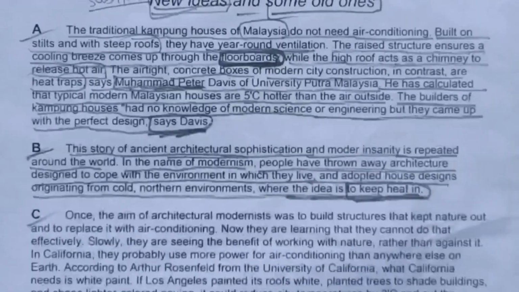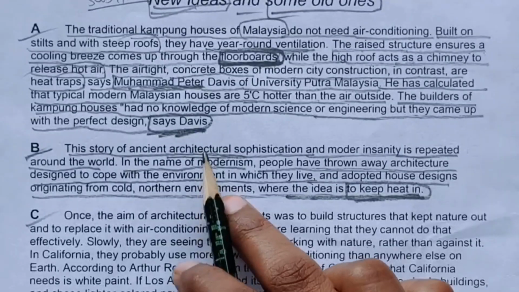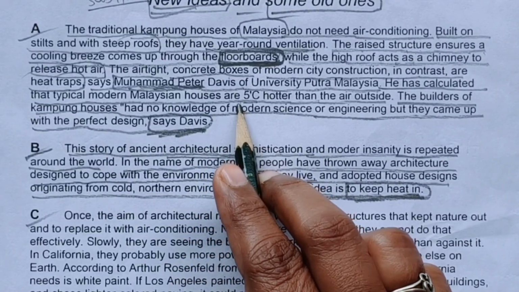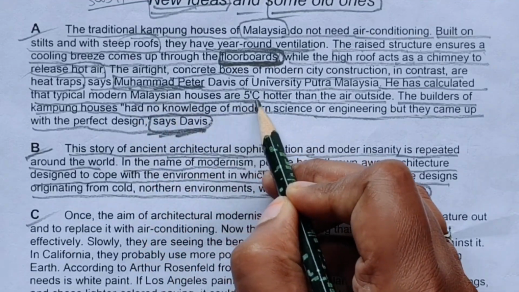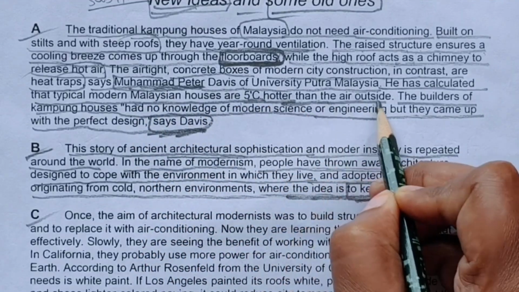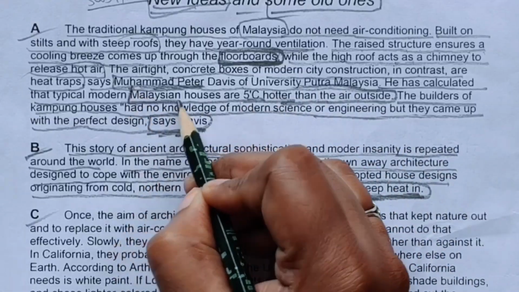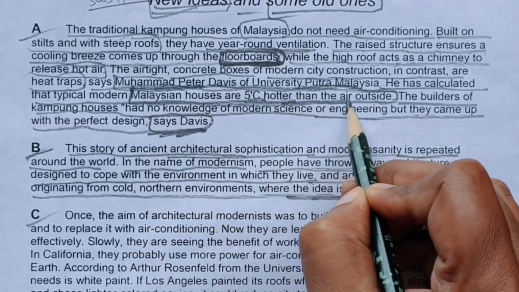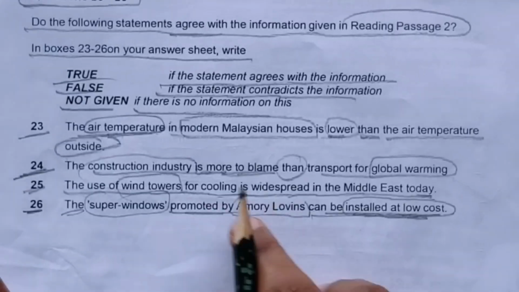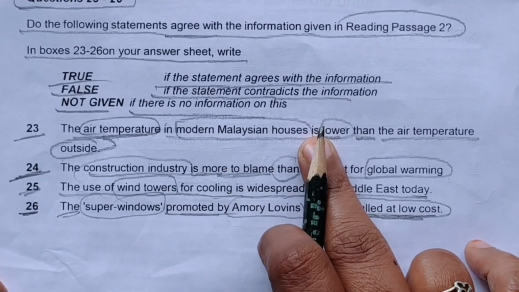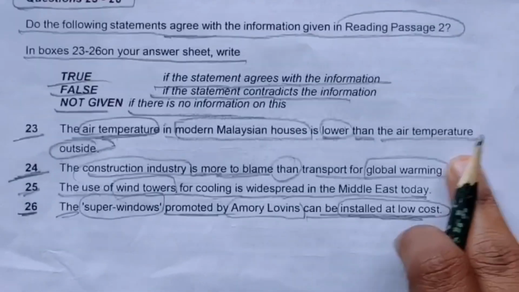So yes, in A paragraph only we have seen these degrees. What they are mentioning here: Malaysian houses are 5 degrees hotter than the air outside. So let's see what they are asking in the question. The air temperature in modern Malaysian houses is lower than the air temperature outside.